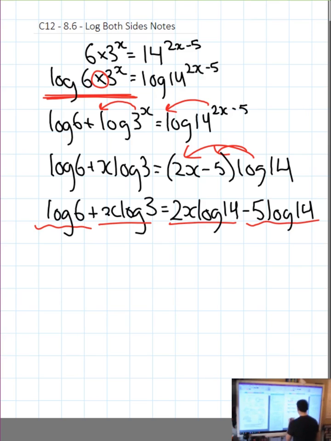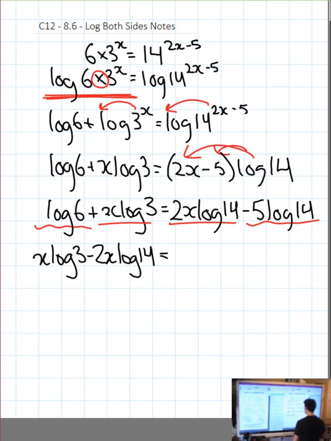So I'm going to get my x's onto the left side this time, arbitrarily. x log 3 minus 2x log 14. And then I'm going to leave this on this side, and I'll be subtracting log 6 from both sides.